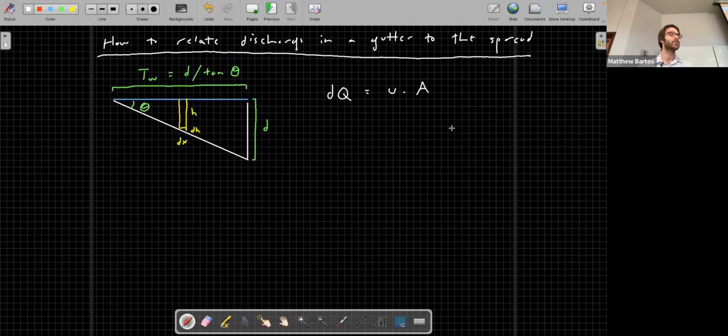Okay, what is an expression for A in terms of the variables we have labeled here? So this is equal to u times, sorry? What's the area of just the rectangular portion first? Yeah, so it'll be H times dx. And what about the triangular portion? What's the area of the triangular portion?